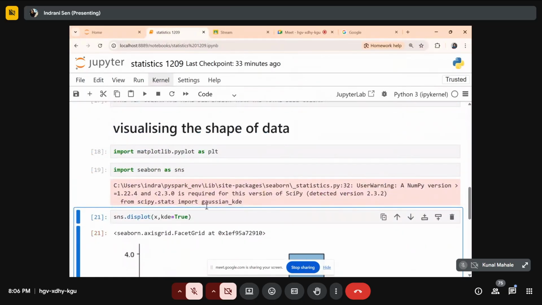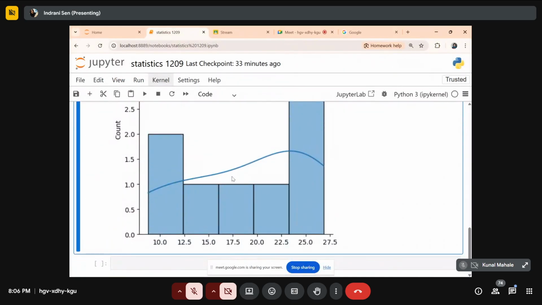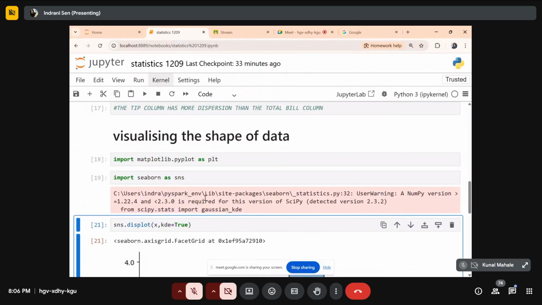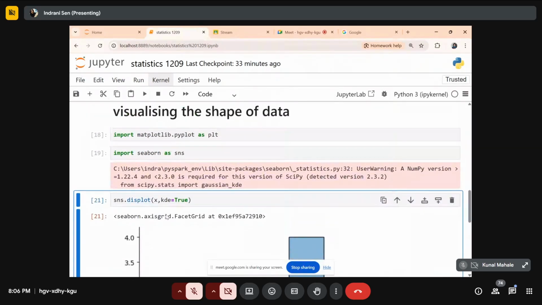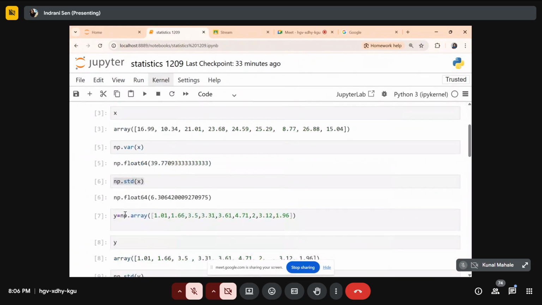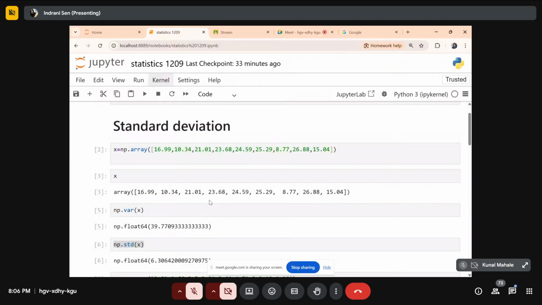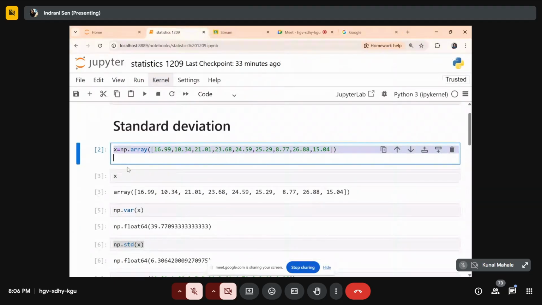So what I'm doing here, this is not showing me the full graph, because I have just taken a part of the data. So I had taken the same X. I can paste this data in here.